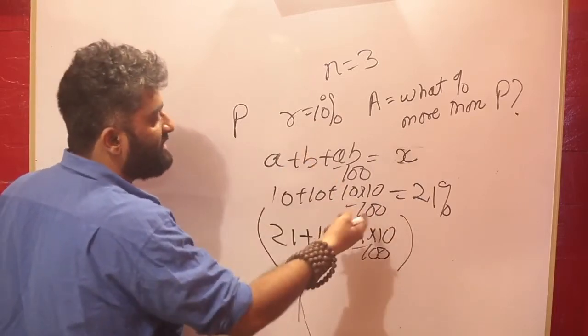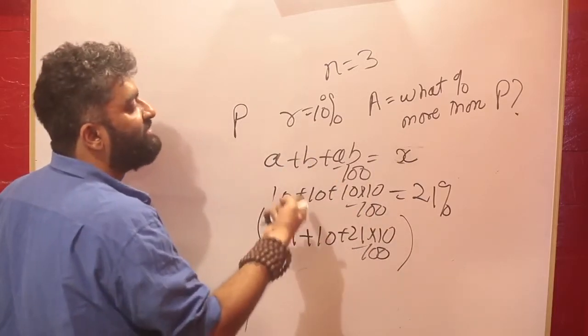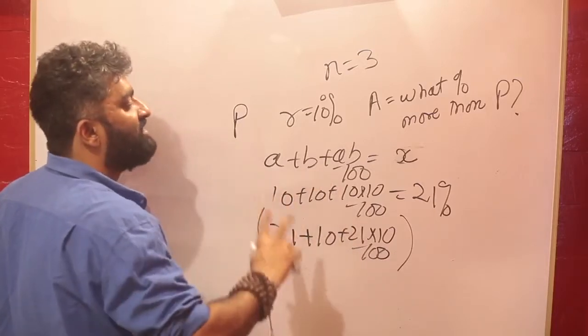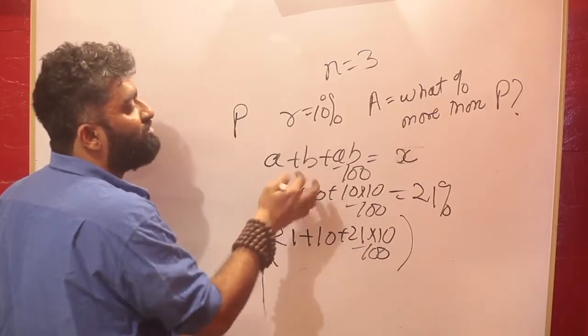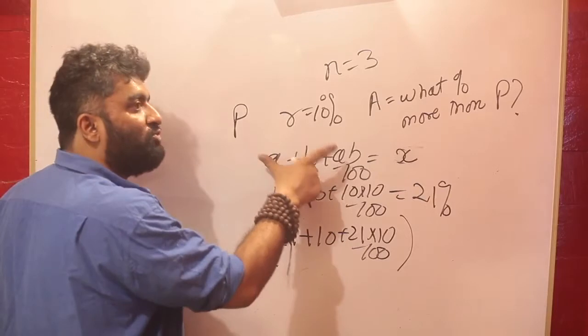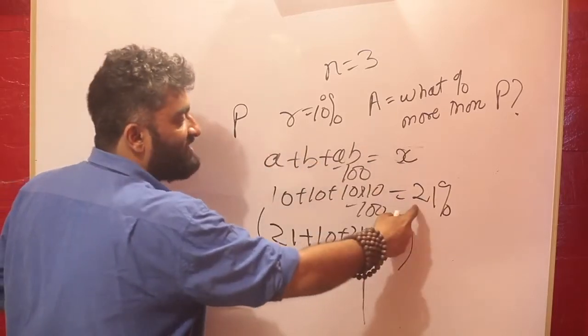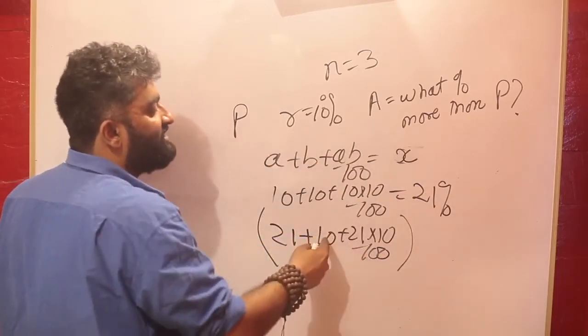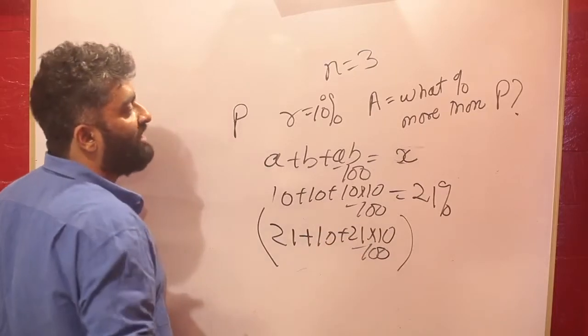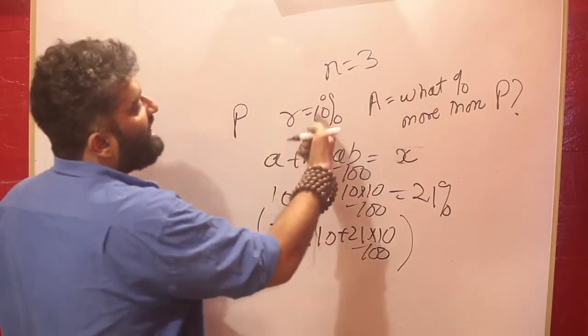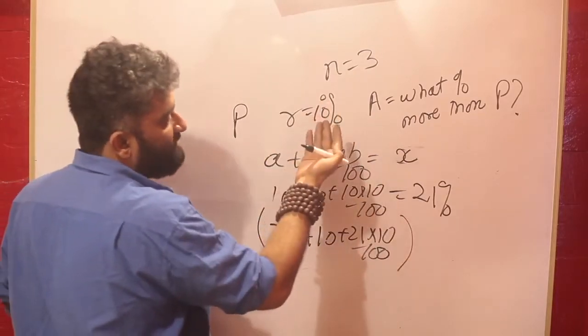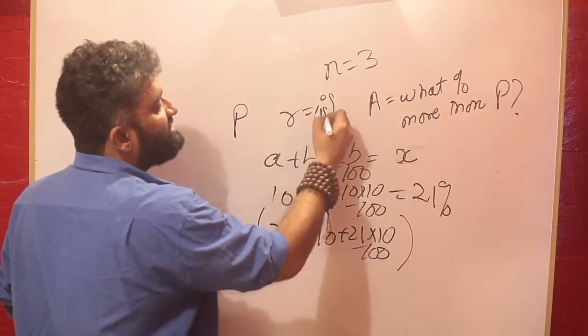So instead of finding the cube, I'm going for A plus B plus AB upon 100. And remember, even that formula I have to use twice. Once for 2 years, from that I will get a result, and that I will combine with the 3rd year, and I will get my overall answer, right? So again I'm saying in 10% it was still easy, had it been 15%, right?